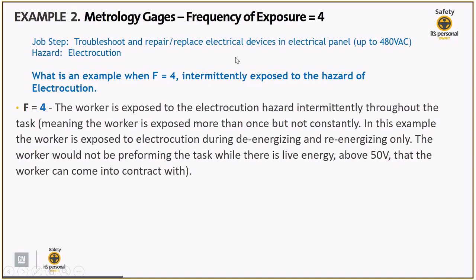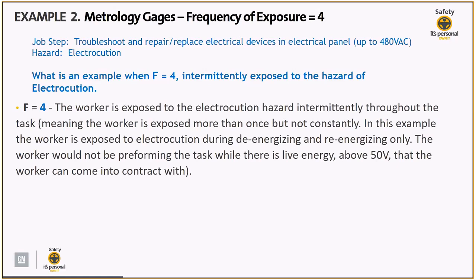Frequency of exposure equals 4 would mean that the worker is exposed to the electrocution hazard intermittently throughout the task, meaning the worker is exposed more than once but not constantly. If we had the exact same example, but took away the additional electrical source, the worker is exposed to electrocution only during de-energizing and re-energizing, which is more than once but not constantly.